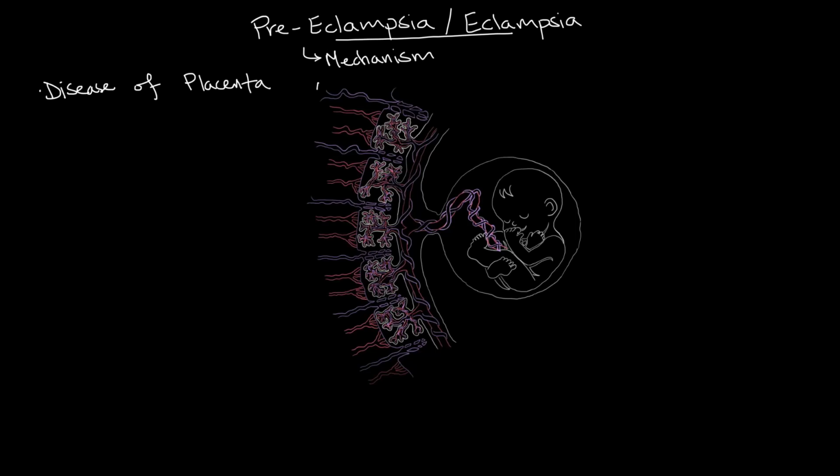And so that's why we have this image here. This over here is kind of a zoomed up image of the placenta. What happens is that the placenta actually starts making proteins that signal to the mom and to the baby as well.